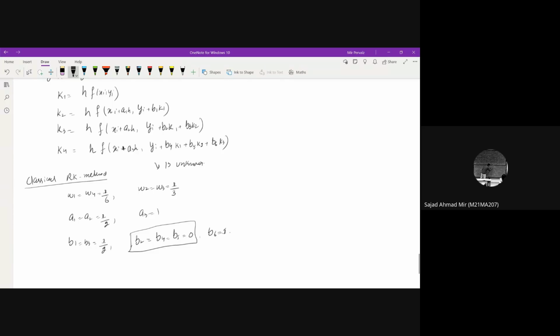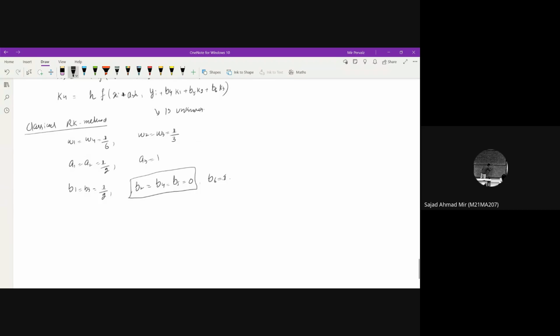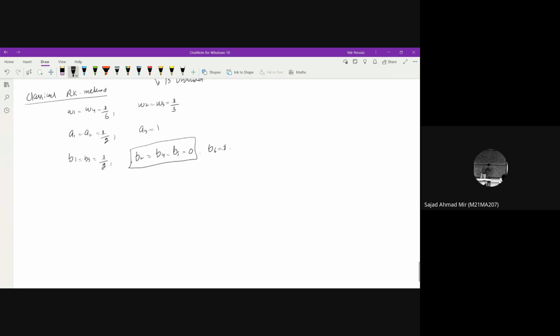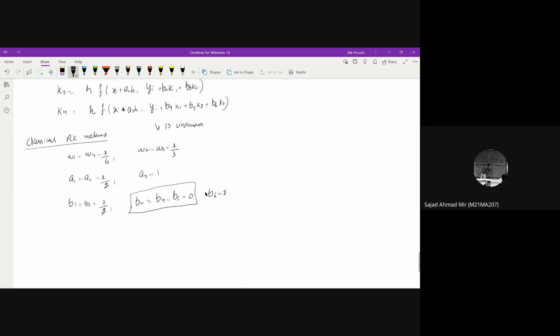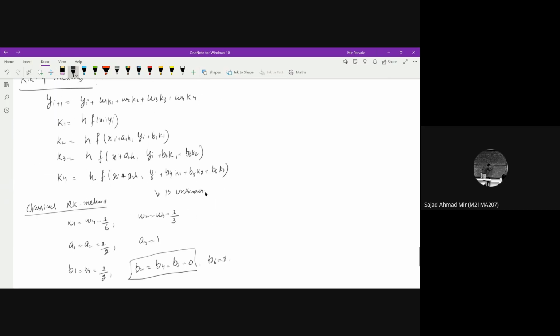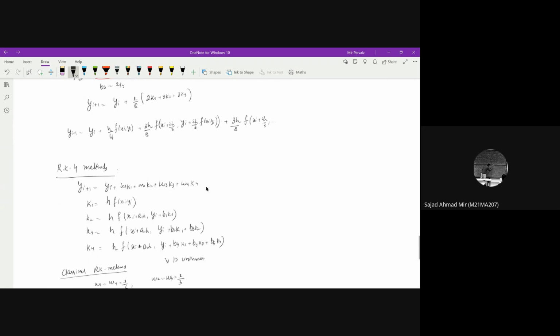In order to get your new values, you are using the information of slope at different points and their weighted sum. Okay, is it clear till now? This is your general RK4 method with this choice of variables. Any doubts till this point?